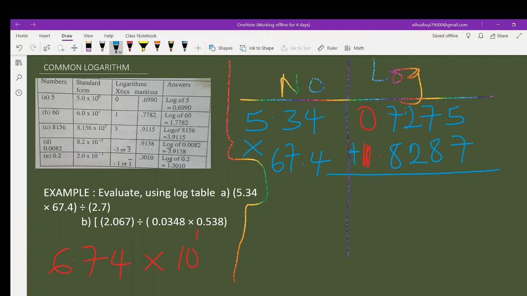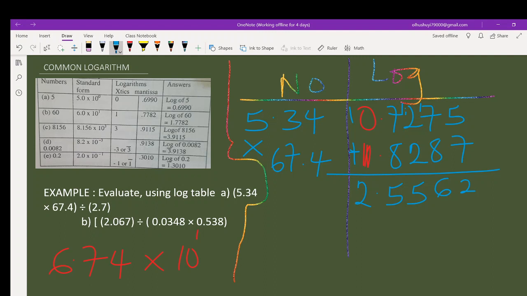So by adding, what do you have? 5 plus 2, 12. Keep 1 here. 8 plus 8, 16. Keep 1 here. 1 plus 2, 3 plus this, 5. 7 plus 8 is 15. Bring 1 here. This will become 2 point. Can you see that? So we have 2.5562. That's what we have under the log.